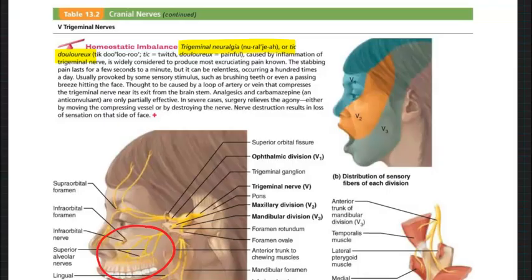This happens when the nerve is pinched by something, for instance a blood vessel in an improper location. It's not a permanent pain. It's a very sharp stabbing pain that is triggered by something, such as a touch or eating cold food.